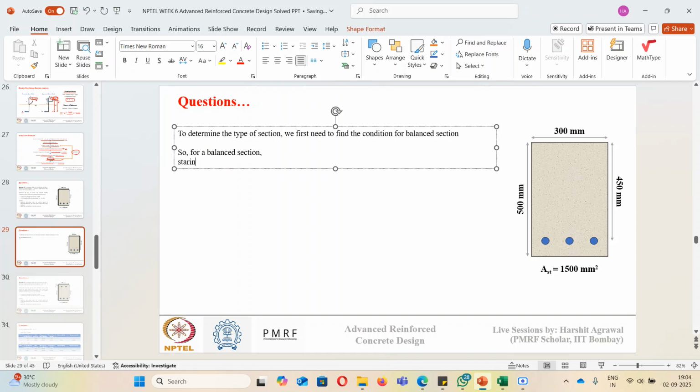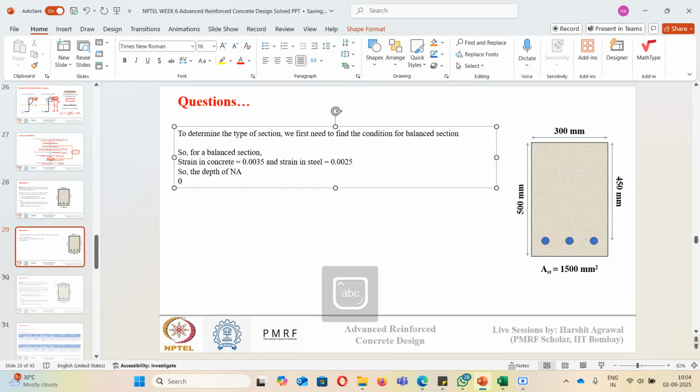the strain in concrete is equal to 0.0035, and at the same time the strain in steel is equal to 0.0025. So both concrete and steel are reaching their ultimate values together. So the depth of neutral axis we can calculate.